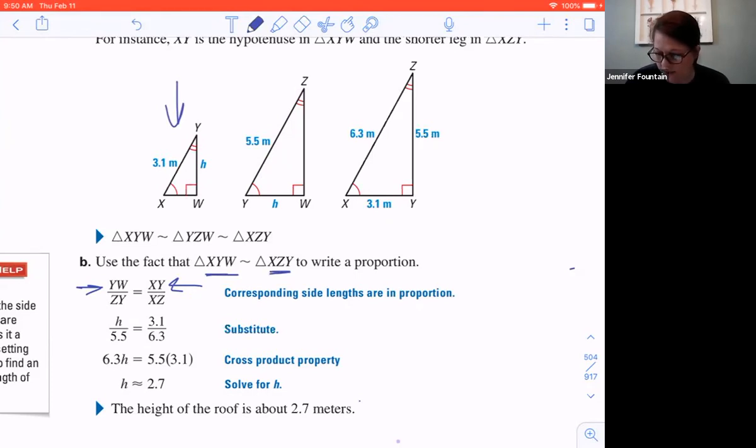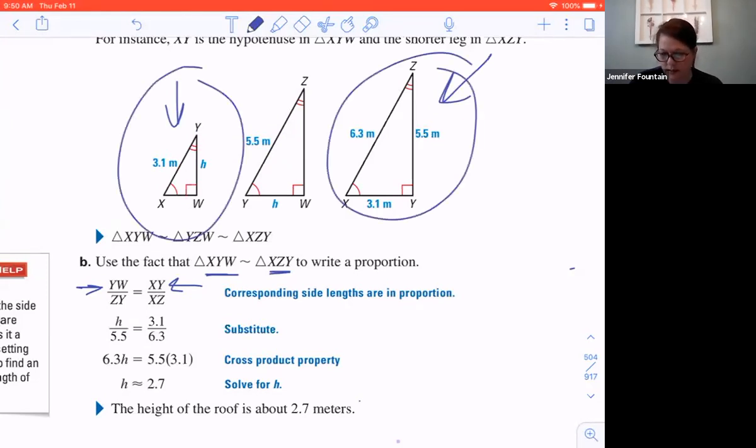XZY, that one. Okay, so right now I'm using these 2 triangles because remember I said this one has all 3 of my measures, so I know I'm going to have to use that one when I'm setting up my proportionality.